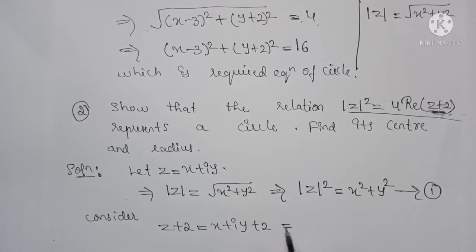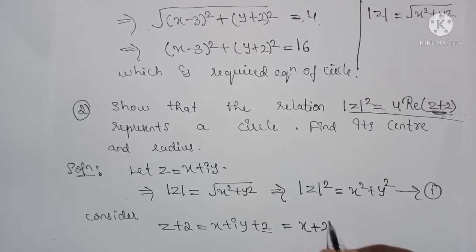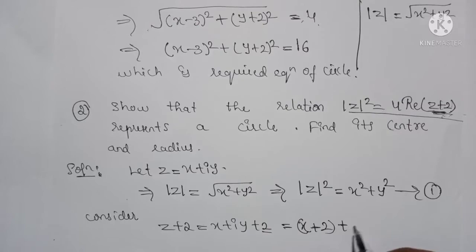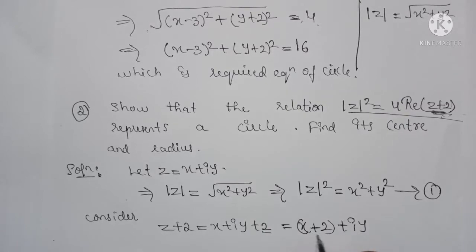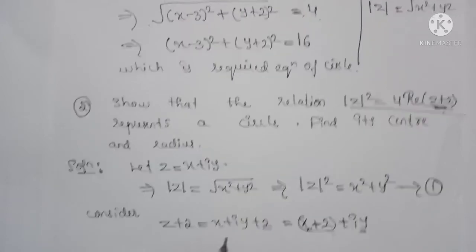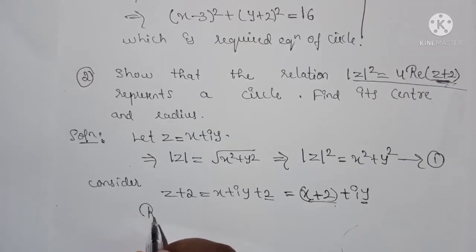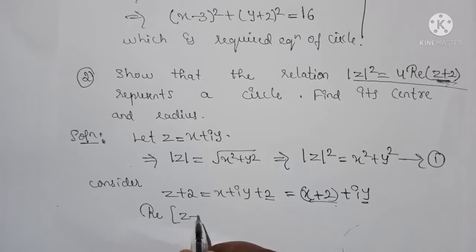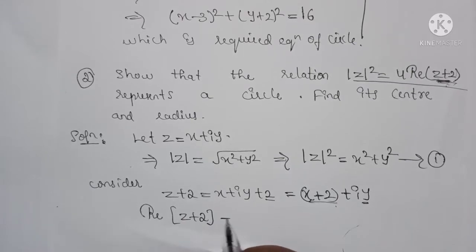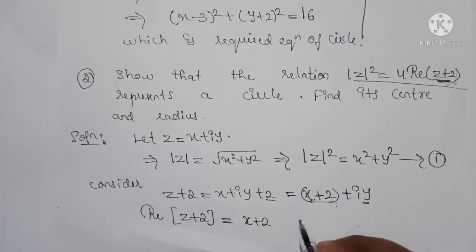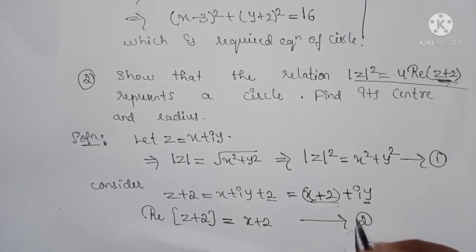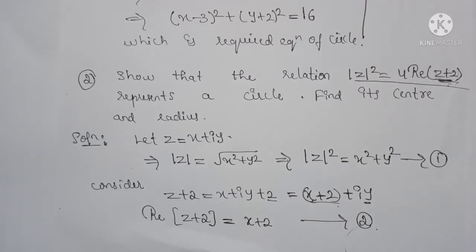Grouping the real part separately, we get x plus 2 plus iy. So here the real part is x plus 2 and the imaginary part is y. Thus the real part of z plus 2 equals x plus 2. Consider this as equation 2.